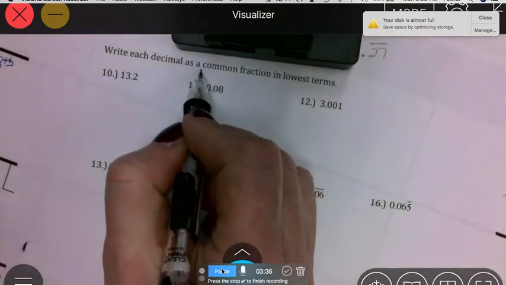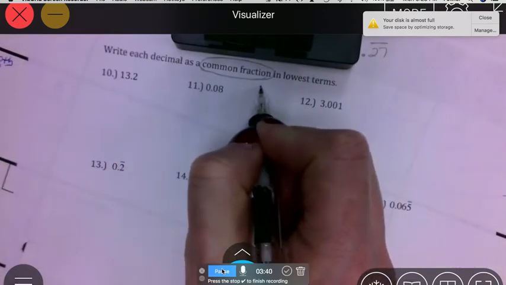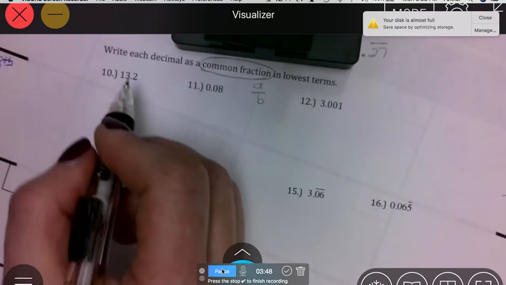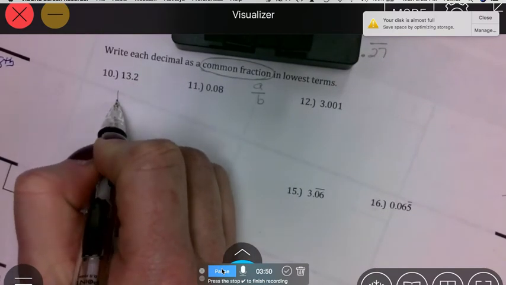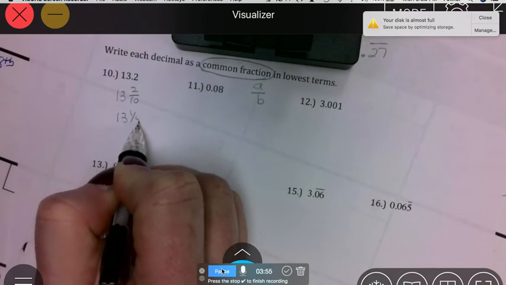The last part of the assignment has you going the other way. They want you to take a decimal and write it as a common fraction. Common fraction means a over b. So improper sometimes, maybe, but you'll never have a mixed number. So if I have 13.2, this is 13 2/10, which is 13 1/5.